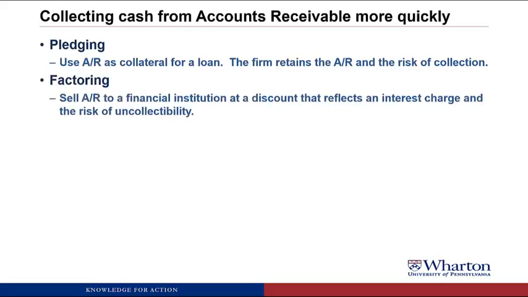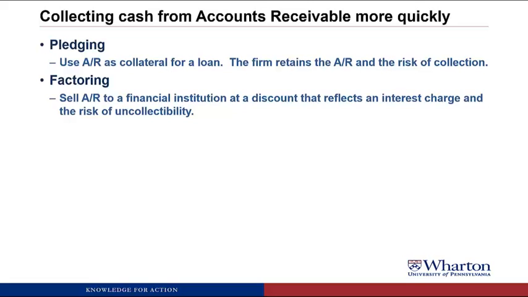To reduce that risk, some companies use what is called factoring, where you basically sell the accounts receivable to a financial institution at some discount that reflects both an interest charge and the risk of uncollectability. So let's say you have $1 million of accounts receivable. You might have to wait 30 to 90 days to collect that cash. Instead, maybe you can sell that $1 million of accounts receivable to a bank for $950,000.